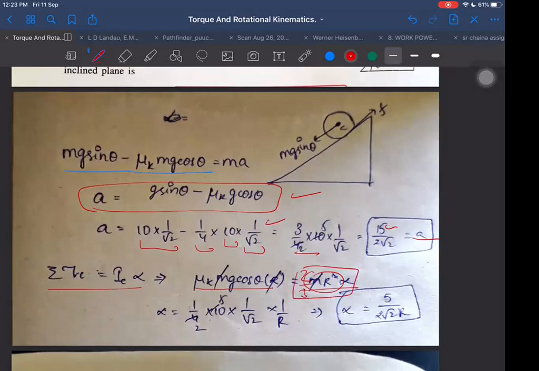And that too, when just last week only we were having this moment of inertia. How can you forget these things? These things we should be remembering up to exam. Learn in such a way so that you remember up to exam. Write down this formula somewhere, and you are writing mr square. Mr square is only for ring or hollow cylinder, but not for hollow sphere. It is a hollow sphere, so it is 2 by 3 mr square. Yes, sir. Then you definitely will not be getting it right.